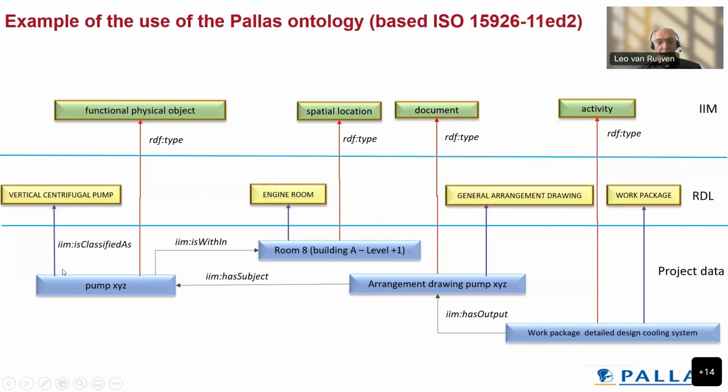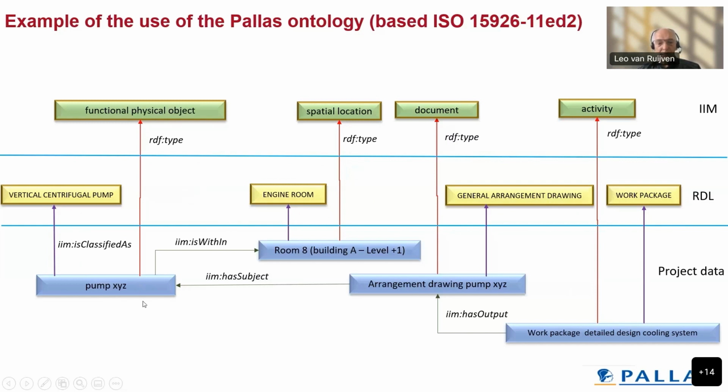And we further classify it as something in the RDL, the reference data library. So the pump, in this case, we classify as a vertical centrifugal pump, the room is classified as an engine room, and the arrangement drawing is a general arrangement drawing. So every individual is typed two times, once according to the information model and once according to the reference data library, to make the data really explicit and traceable.